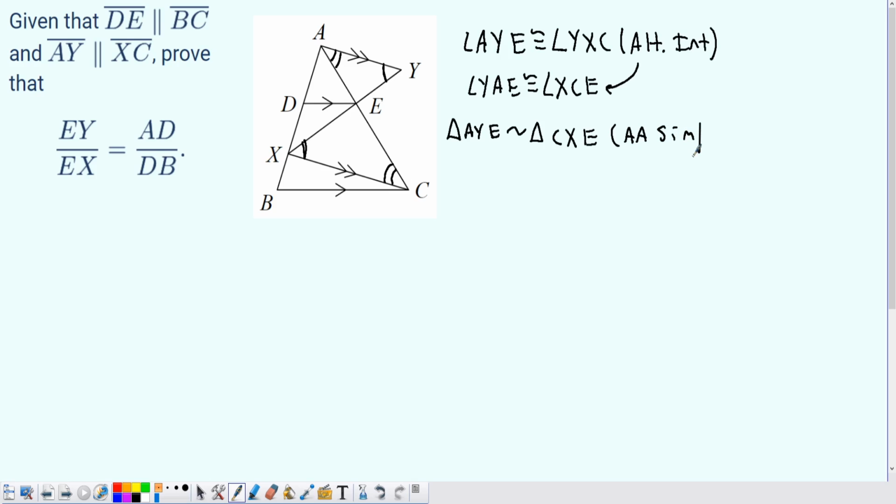Now, once we have similarity, we should try to come up with some proportions. So, one proportion being, well, if I notice the AY is between the two marked angles, the one with one mark and the one with two. So maybe I could start with AY.